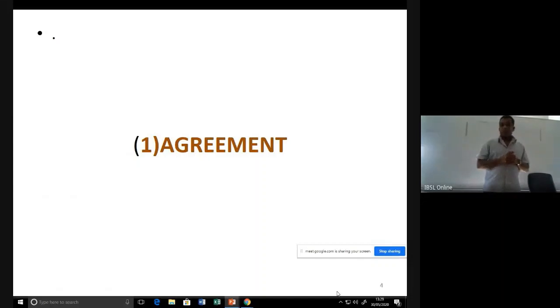The first element of a legally enforceable contract is the agreement. Think about any contract, a simple contract, a complicated contract, a complicated international contract, commercial contract, banking contract, any contract. The first element is the agreement.